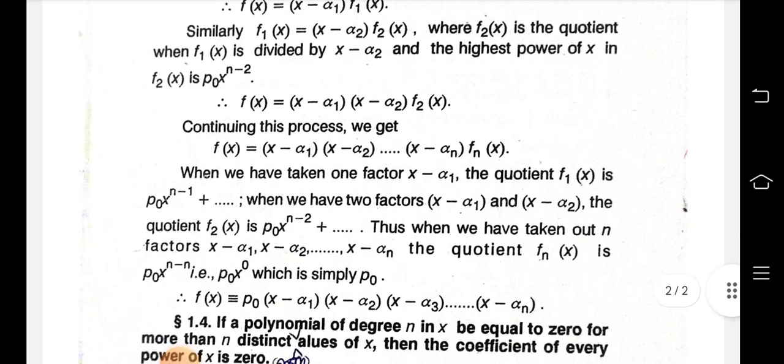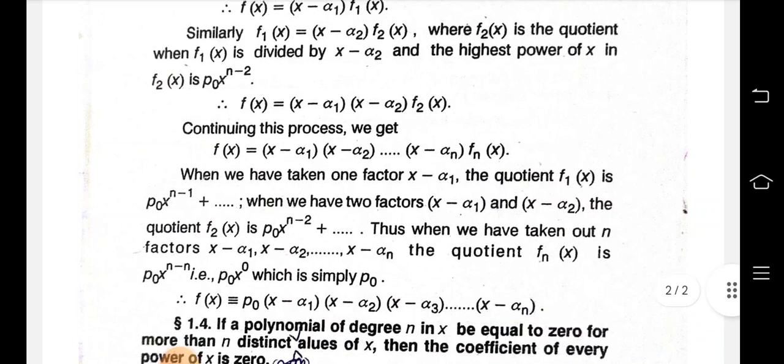When we have taken one factor x minus alpha 1, the quotient f1(x) is p naught into x power n minus 1 plus up to ... When we have two factors x minus alpha 1 and x minus alpha 2, the quotient f2(x) is p naught x power n minus 2 up to ... Thus, when we have taken out n factors x minus alpha 1, x minus alpha 2, up to x minus alpha n, the quotient is p naught x power n minus n, that is p naught x power 0, which is simply p naught.